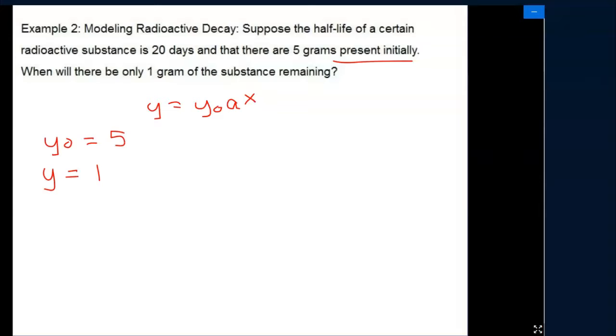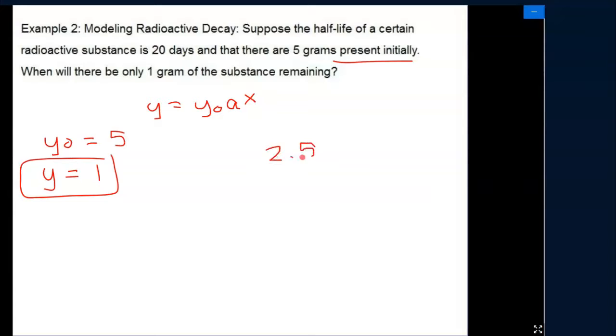So the half-life is 20 days. So that does have an important part, but that's going to give me the 2.5. You're saying this is what I'm looking for. So in order to find what I'm looking for, we're going to use that idea of half-life.